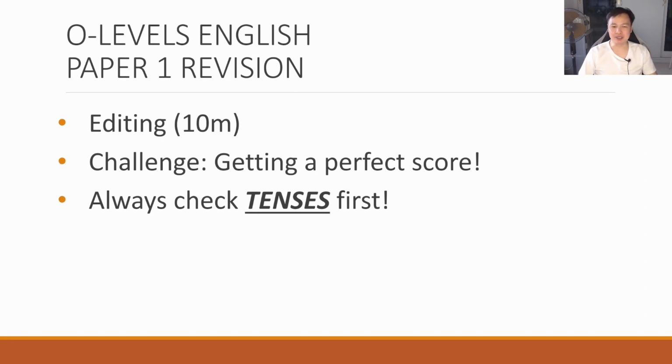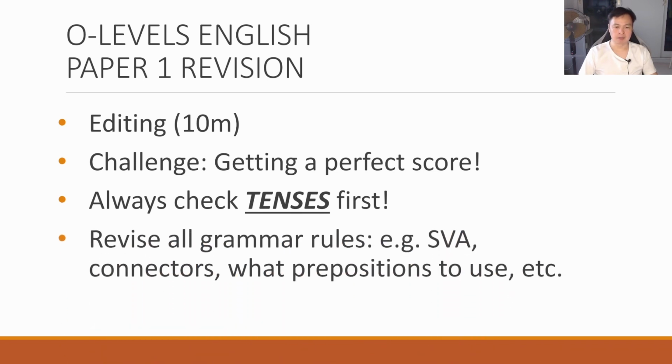And then they did not realize that the exercise given to them is supposed to be in the present tense, right? So they just happily go around circling all the verbs, present tense, they're all wrong, right? So they end up failing the exercise. So even a simple careless mistake like this can affect the overall performance of your editing exercise.